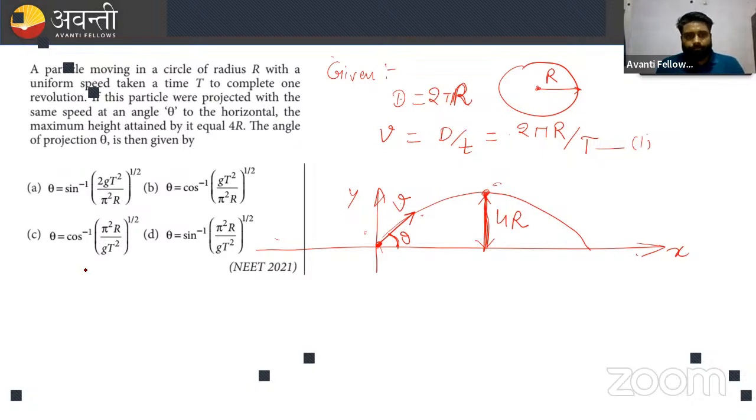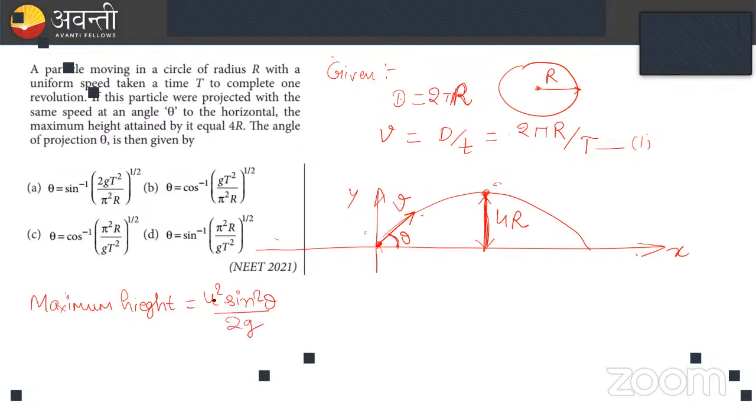Now we have to calculate the angle of projection. Firstly, I have to write the formula for maximum height. Maximum height is given by u square sine square theta divided by 2g. What is u over here? U is the velocity of projection.